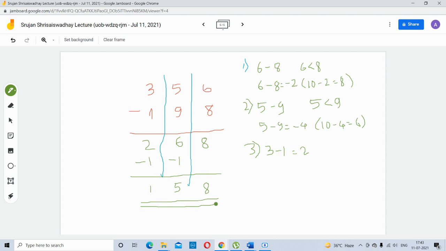So this is how I'm going to calculate the final answer using this method, which is called the digit separation method.